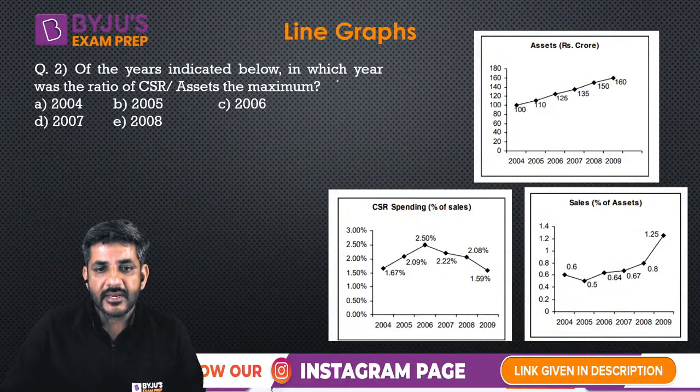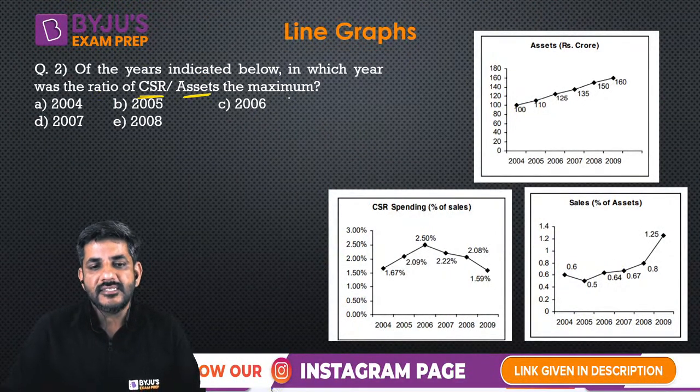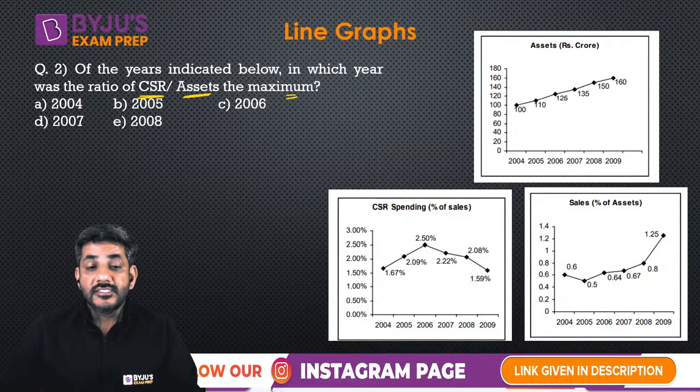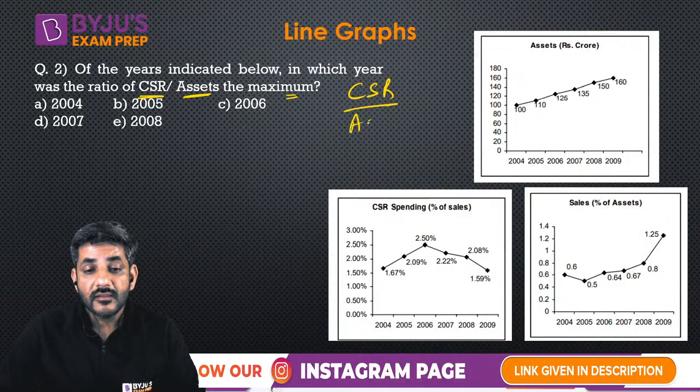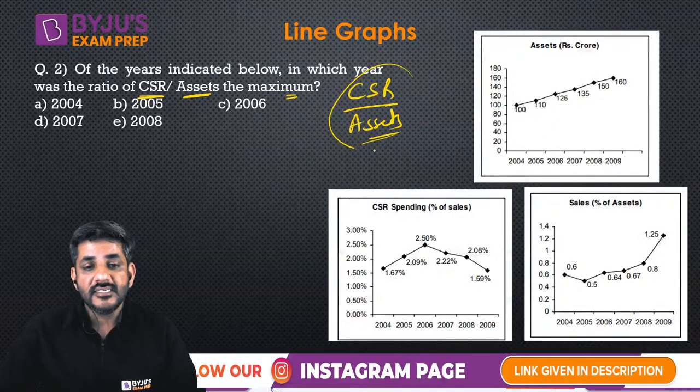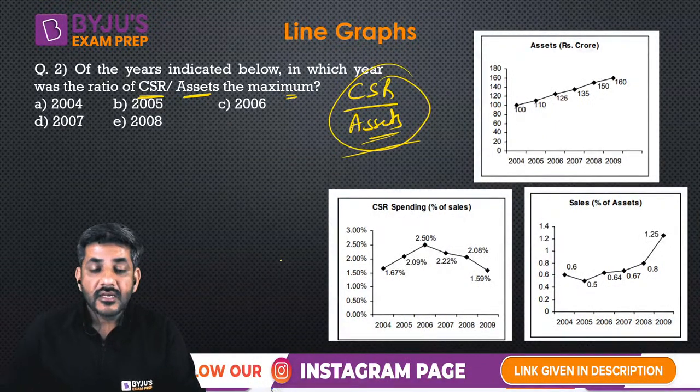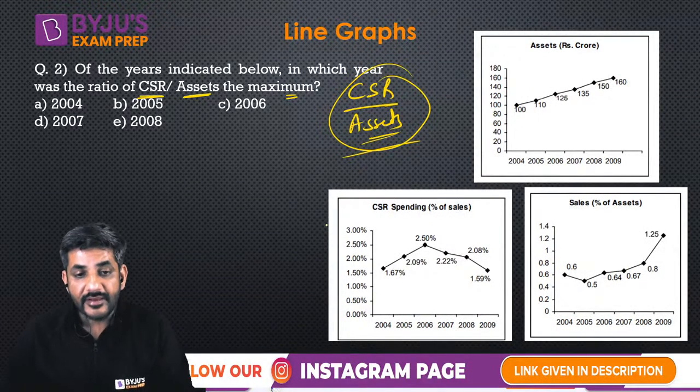Of the years indicated below, in which year was the ratio of CSR divided by assets the maximum? That is CSR as a part of assets. Can't I do it straight away here?